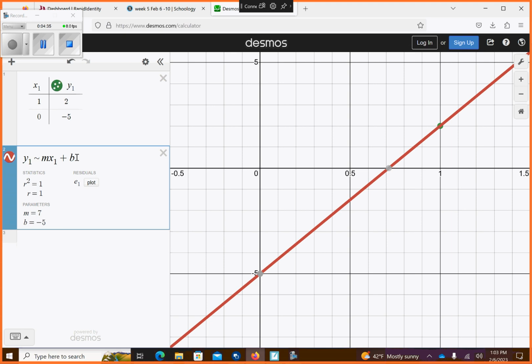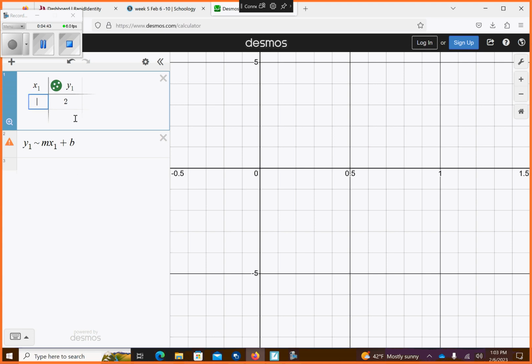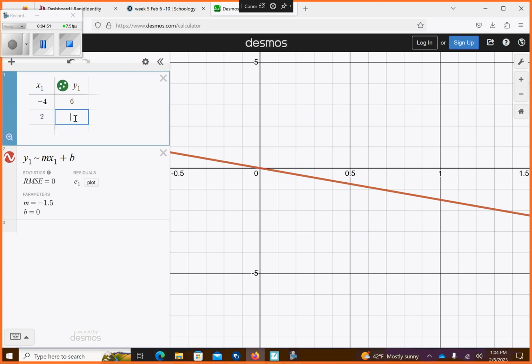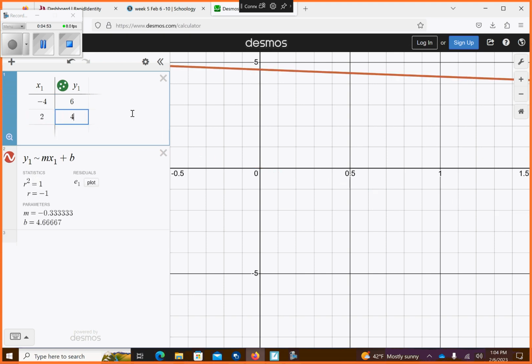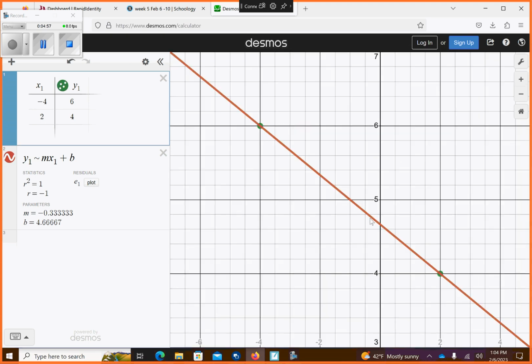And then problem number 3 says give the equation of a line that goes through those 2 points. I'll just keep my equation there. Change my points. And I have -4 and 6 and 2 and 4. So those are my 2 points that are graphed.